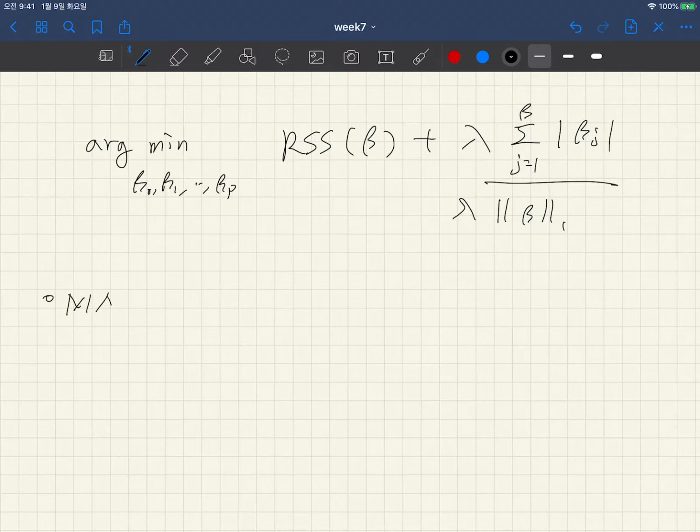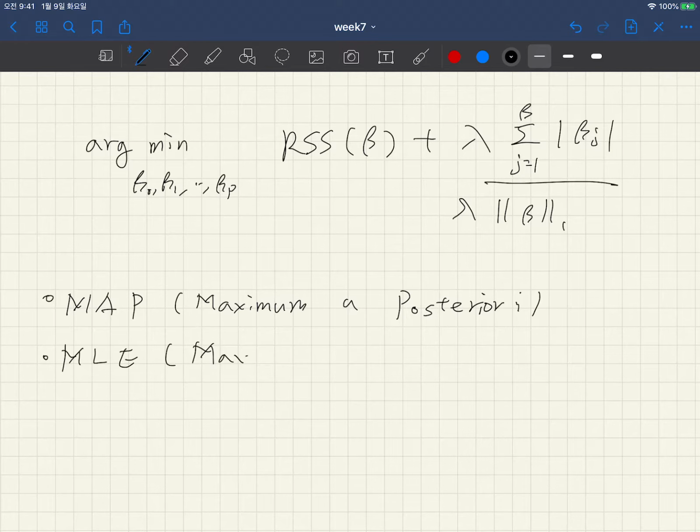So in machine learning, the difference between MAP, the maximum a posteriori, and MLE, the maximum likelihood estimator, is very important.